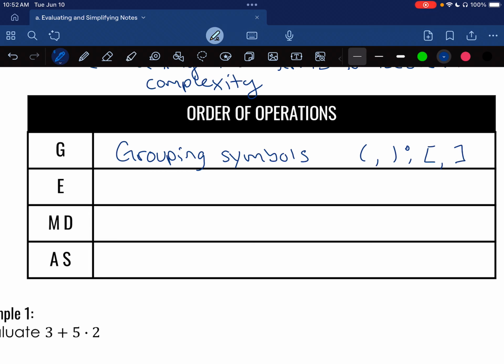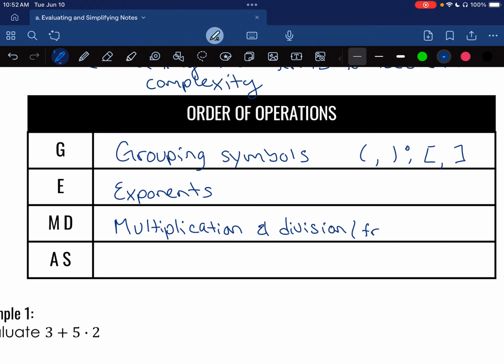E for exponents. And then in the same step, we take care of any multiplication and division, and we move from left to right.